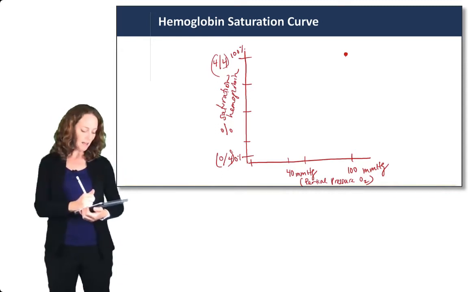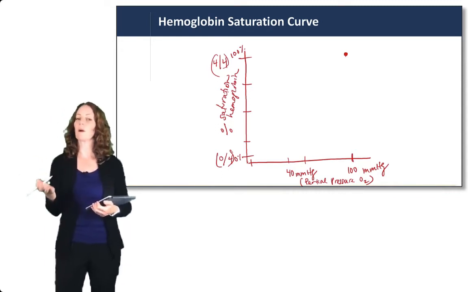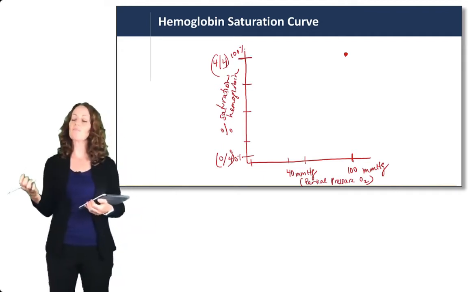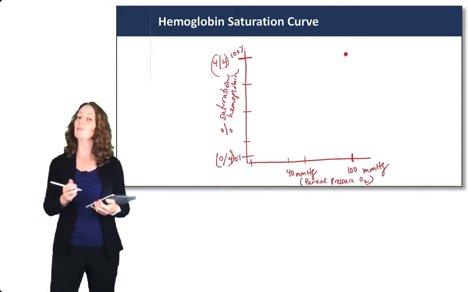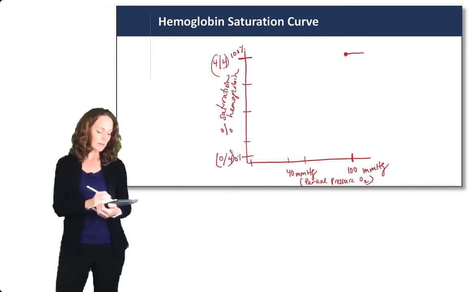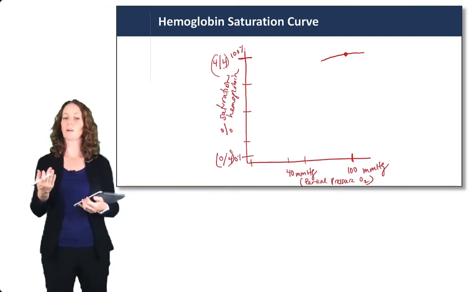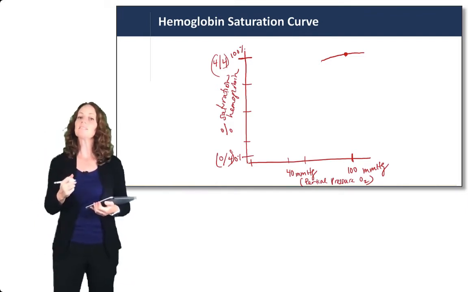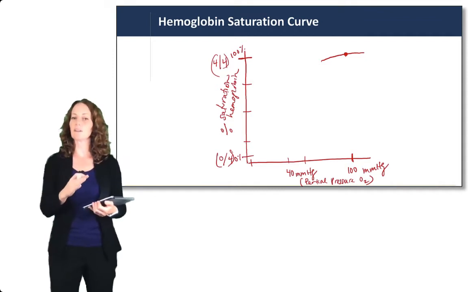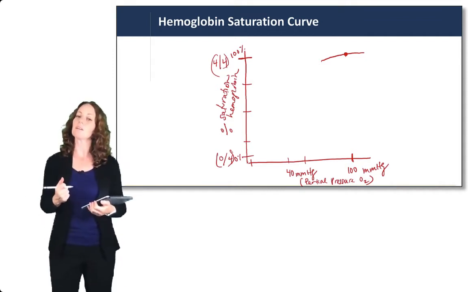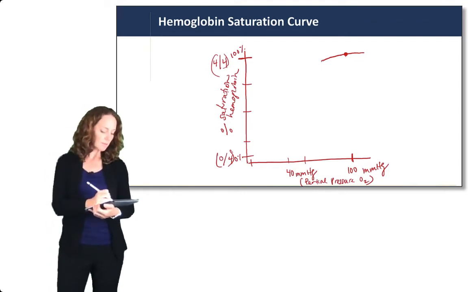So here at 100 millimeters of mercury partial pressure of oxygen, we'll have 100% on average saturation of our hemoglobin. And that holds pretty stable for most ranges of partial pressures of oxygen. It's not until we start getting down into the very low ranges that we have a quick drop off in the saturation of hemoglobin. So now we're going to see it drop off fairly quickly.